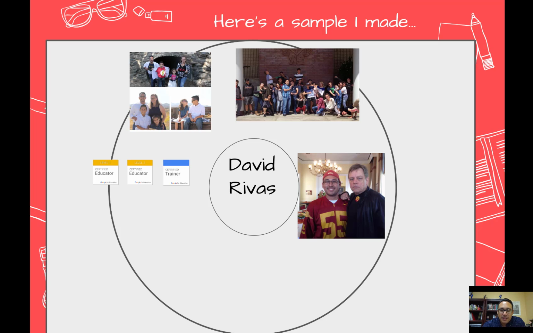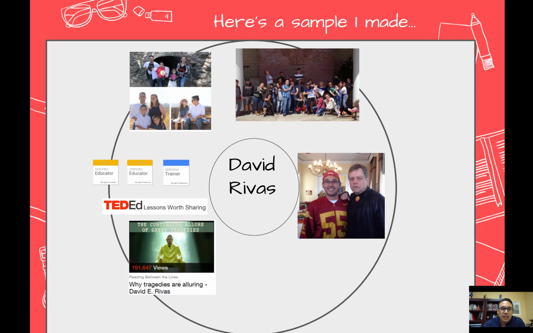And talk about that. I talk about how I really love Google, and kind of tell them about how we'll be using Google. I have a TED Ed lesson featured on the TED Ed website, so I tell them about that.